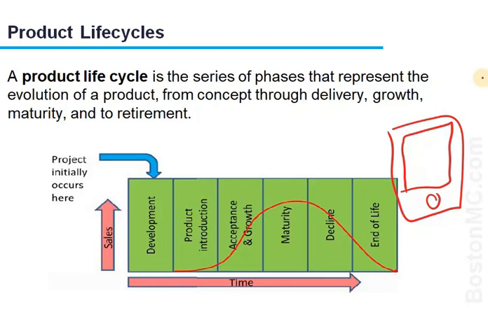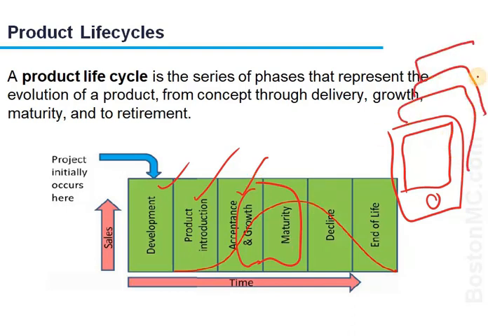So we can say that the first iPhone was developed, and then the product was introduced, and obviously it was accepted, and then the growth and the maturity will happen over a period of time. In the growth and maturity period, you'll see multiple iPhone releases happen. So we have iPhone 3, we have 4, 5, 6, 7, and then maybe 8, and then X, and so on.